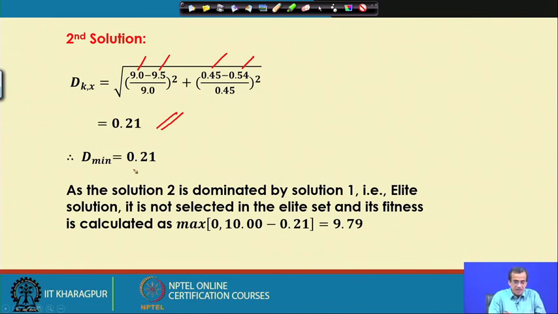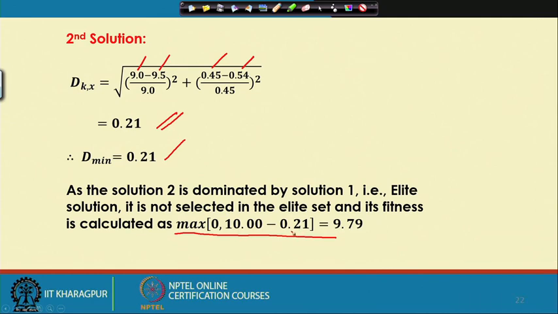So, d minimum we are able to calculate, that is 0.21, and as this particular solution is not selected for the elite set, it is a dominated solution and its fitness will be calculated using that particular formula which I have already discussed, that is nothing but the maximum between 0 and E k star, if we remember, that is the fitness corresponding to the non-dominated or the elite, minus d minimum.